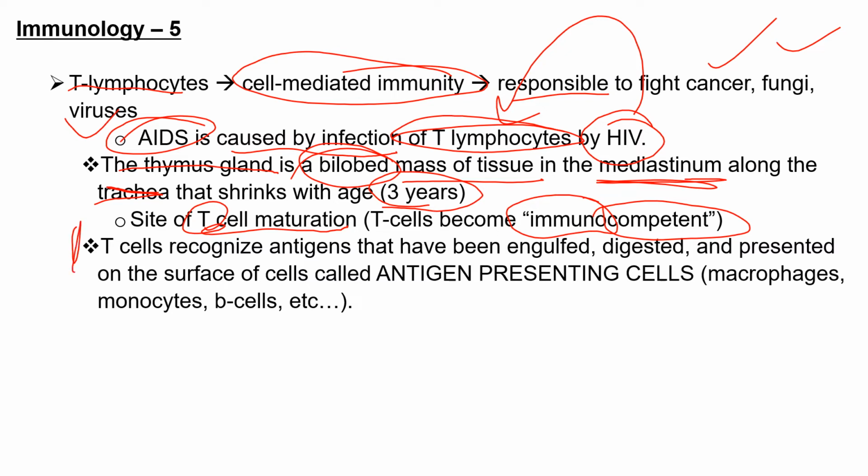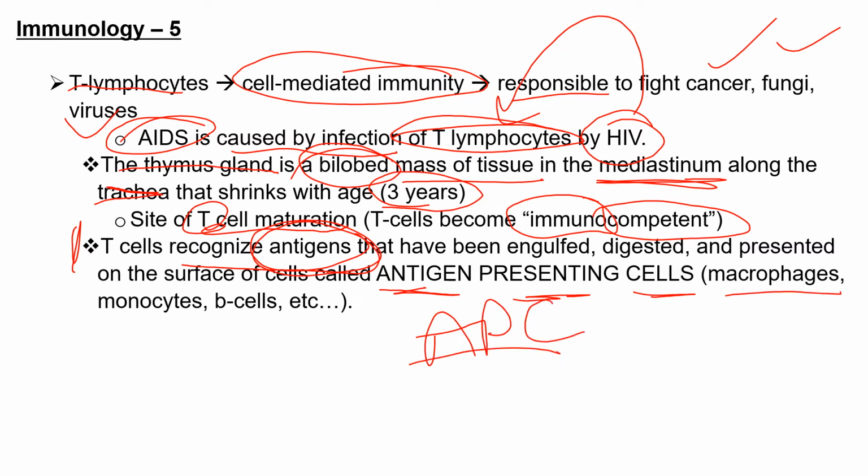So T cells do recognize antigens, and they require special help of cells called antigen presenting cells, APCs. That may be macrophages, monocytes, B cells, and other cells. What these antigen presenting cells do is engulf, that means phagocytose, an object, for example, a bacterium.